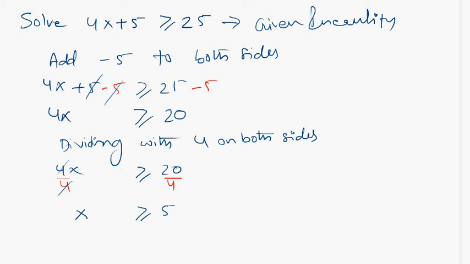If we represent this on a number line, all the values of x including 5 and greater than 5 satisfy this inequality, 4x plus 5 greater than or equal to 25. Let us draw that graph now and see what it looks like.